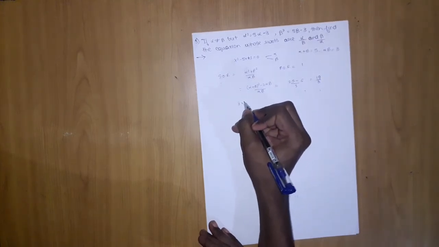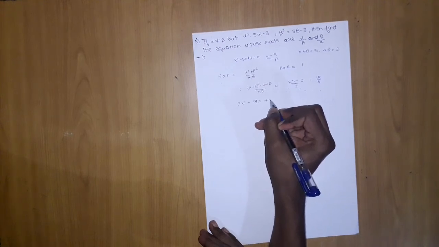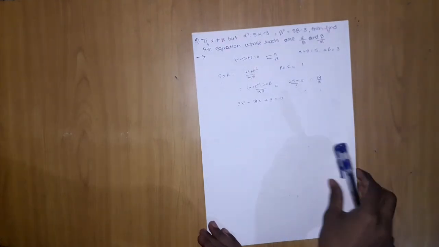So it will be 3x square minus 19x plus 3 equal to 0, the required equation for these roots.